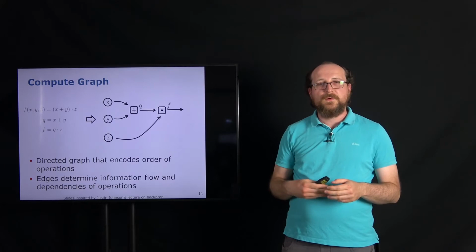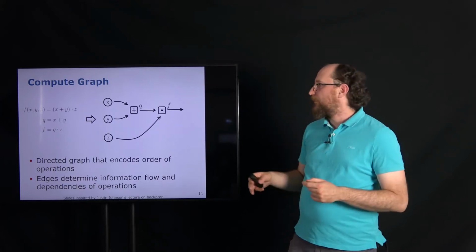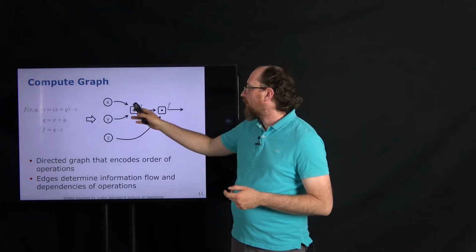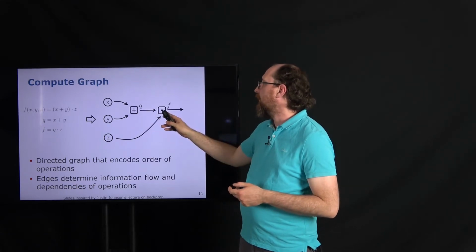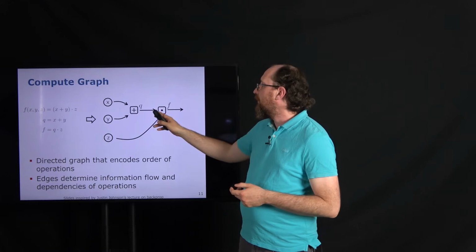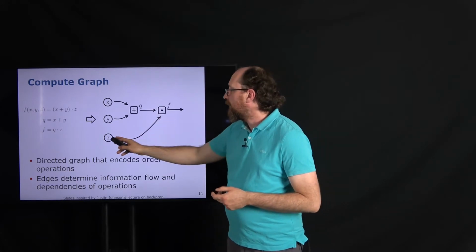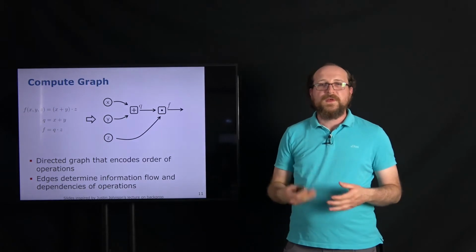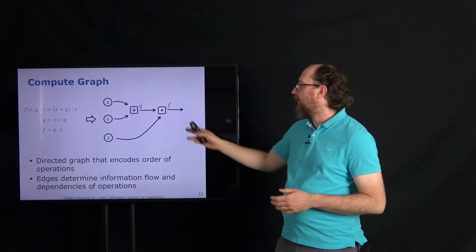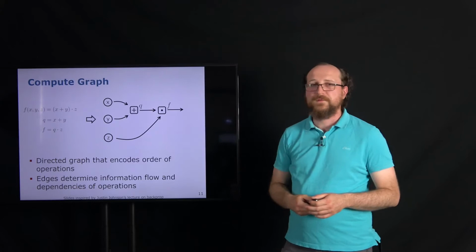So x and y flow into the plus computation node, and then the output of this goes into the multiplication node, and then we have the input z, which will turn out to be the result f, what we want to have.